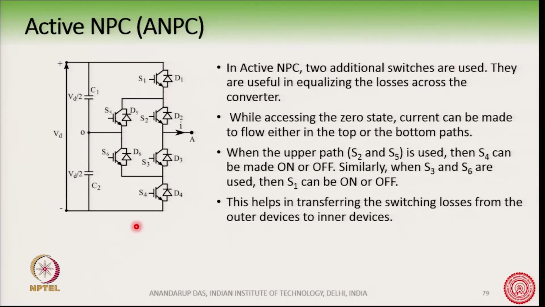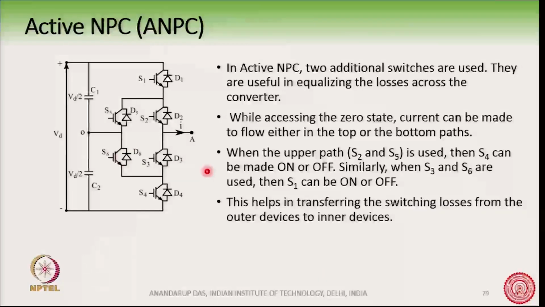Now, one thing we observe is that the 0 state can be obtained with this combination. The current can flow through the upper path or through the lower path for the 0 state.